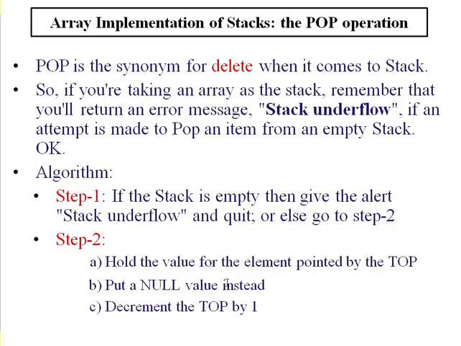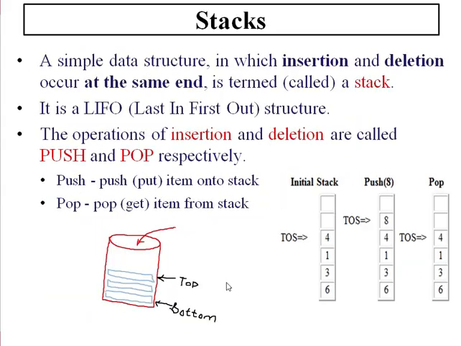As you can see here, after the pop operation, an element will be removed from the top of the stack, and the top of the stack now should be reduced by 1 to point to element 4.